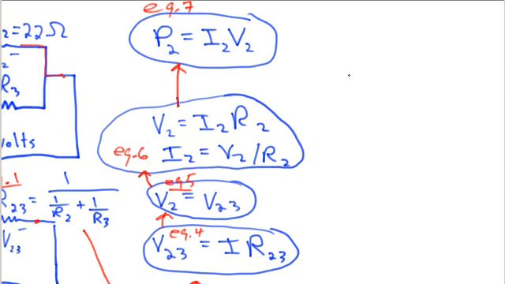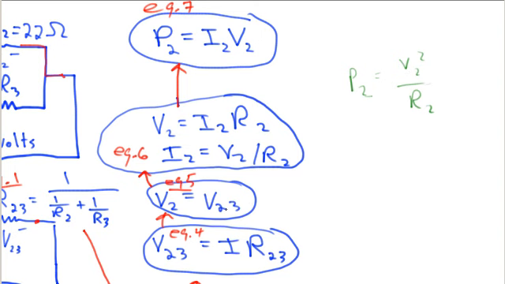So P2 goes like V2 squared over R2. So as goes V2 squared, so goes P2. In other words, the bigger V2 is, the bigger the power is. So if V2 increases as R3 increases, then we got it made.